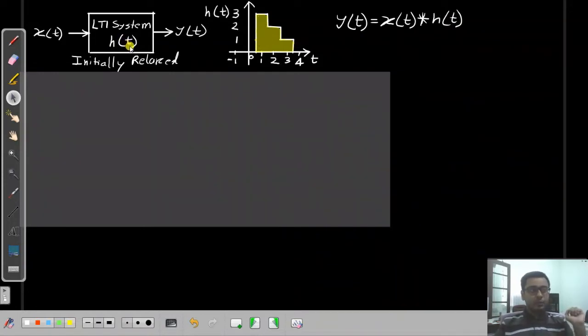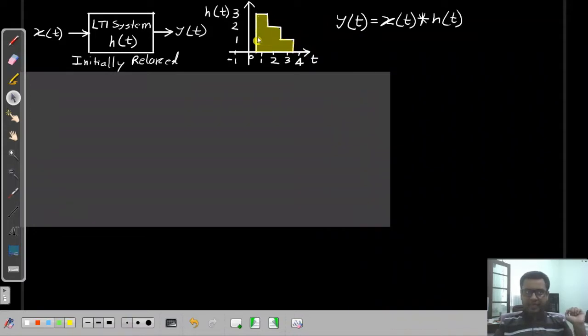Now suppose for this LTI system the impulse response looks like this. It is initially higher, it has a value of 3 at time equal to 1, then it gradually decreases and becomes 0 at t equal to 4.